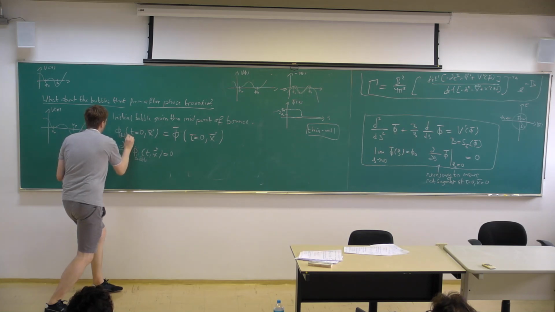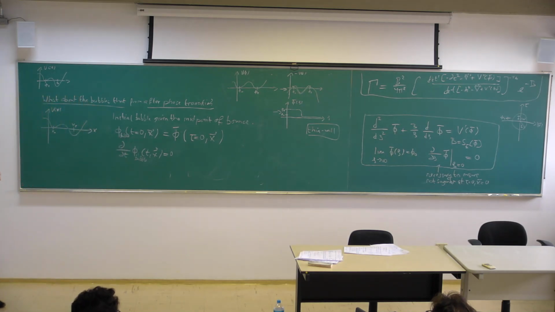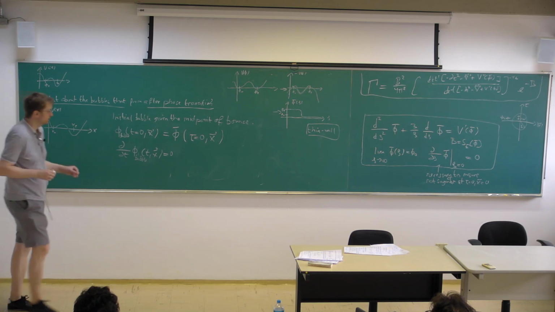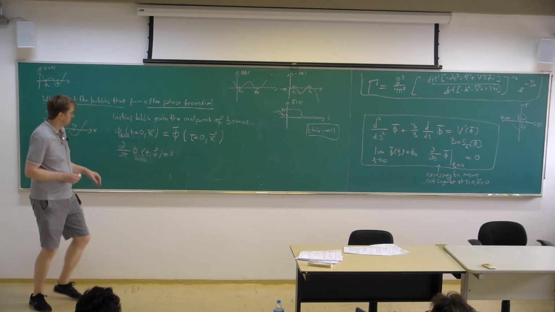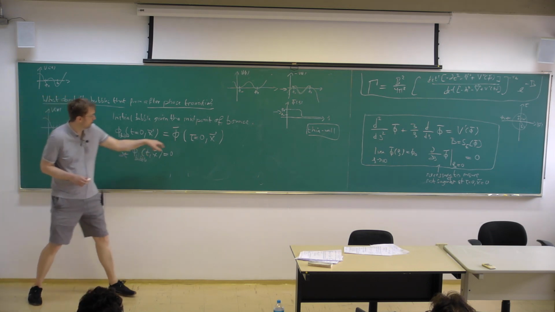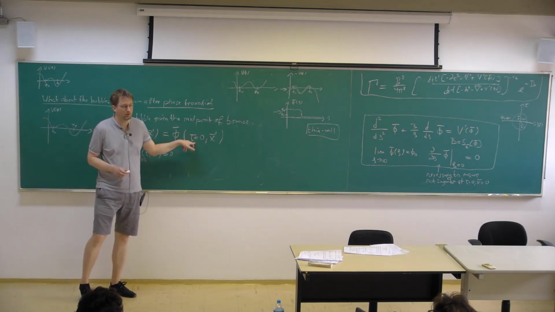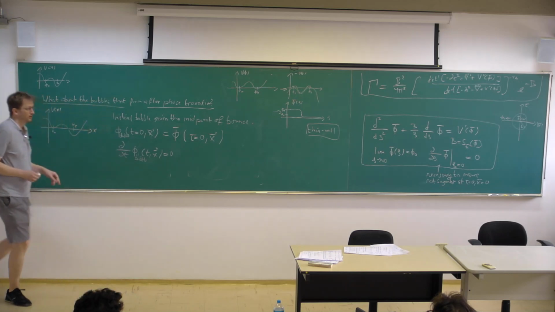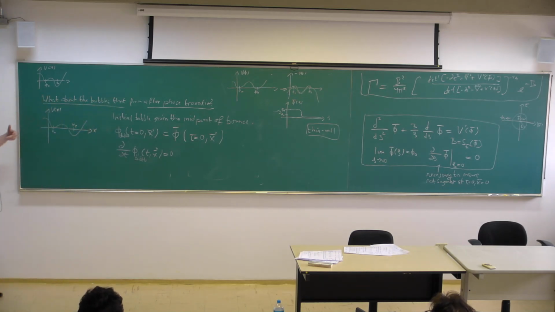Of course the bounce is Euclidean. So this is the bounce solution, and again, the statement is that the initial bubble that forms is given by this bounce solution evaluated at tau equals 0. Let me repeat it once more.